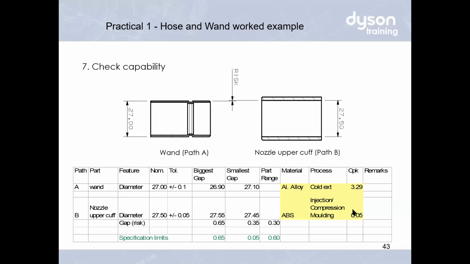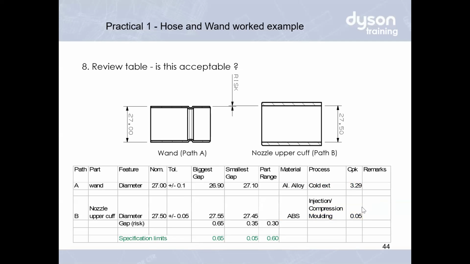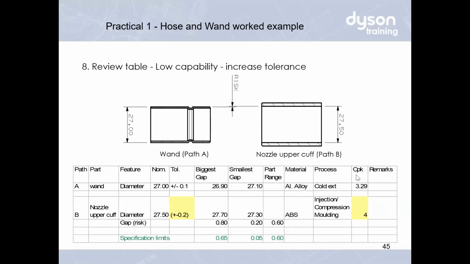So you see, here's the one. What does it mean? It means that the initial parameter and tolerance that we proposed are not able to fulfill the CPK of 4.0.